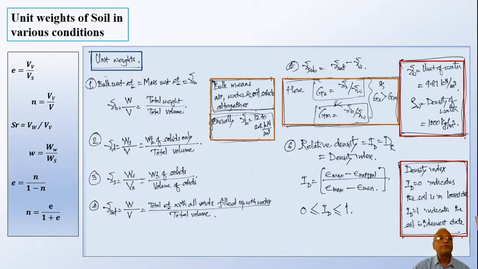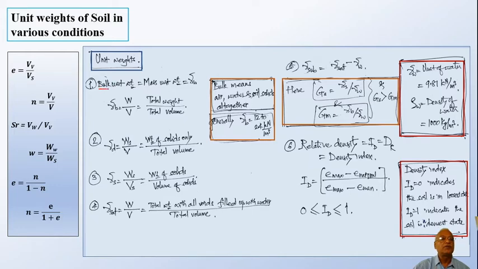So here I have listed earlier relations also. Now we'll define more terms as far as unit weights are concerned. Unit weight is nothing but specific weight, or weight per unit volume. The first one is bulk unit weight, also referred to as mass unit weight.